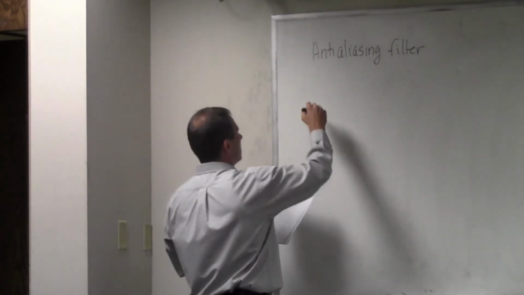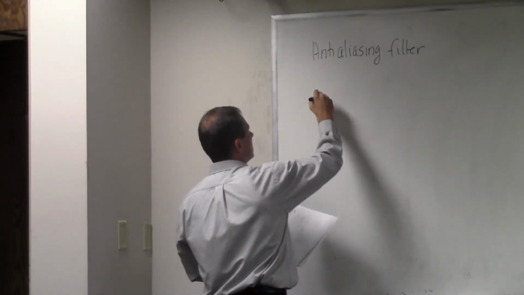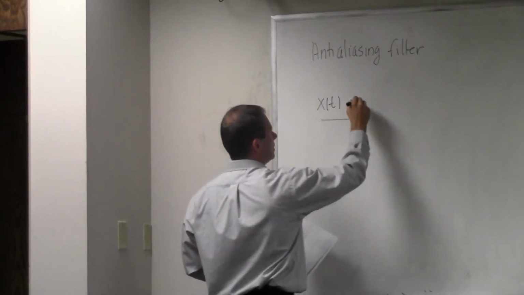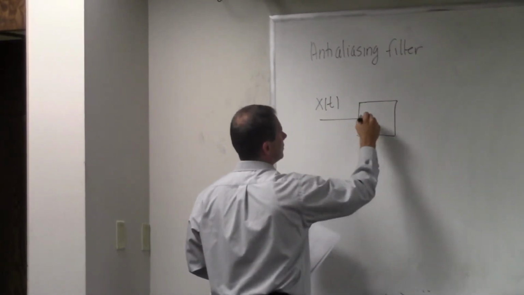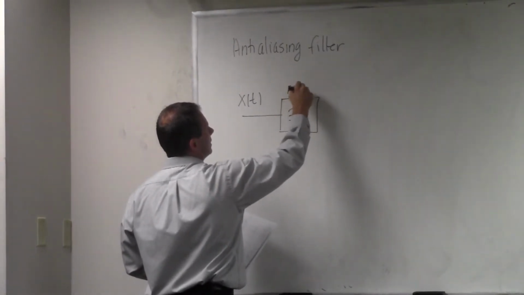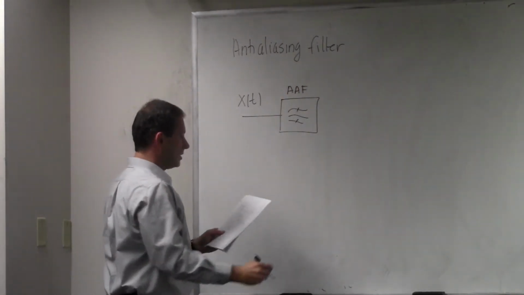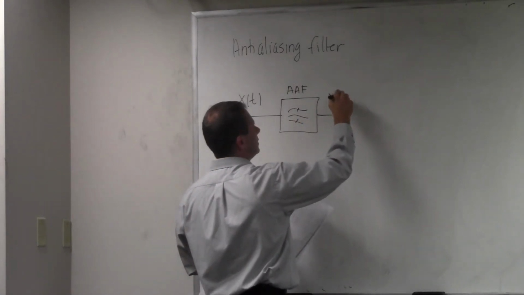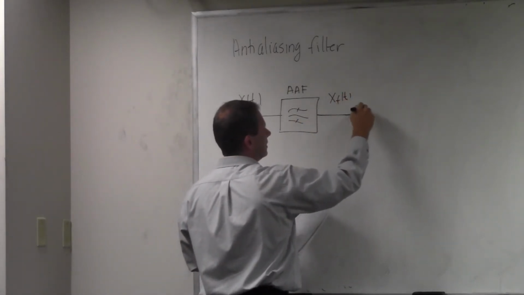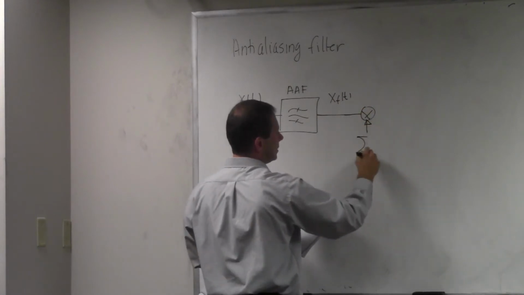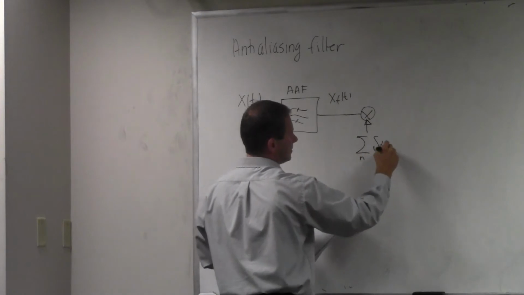So here's how the sampling theorem works in practice. You have your signal x of t, then you have your filter that gets rid of the high frequency components. You have this x filtered of t, and now you sample it by multiplying by some sort of sampling sequence.